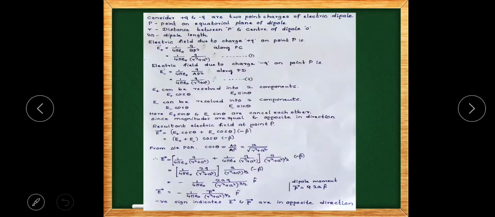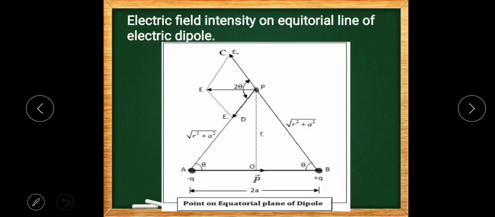So what will you get? 1 by 4 pi epsilon naught q divided by r square plus a square. Here, this is a right angle triangle.